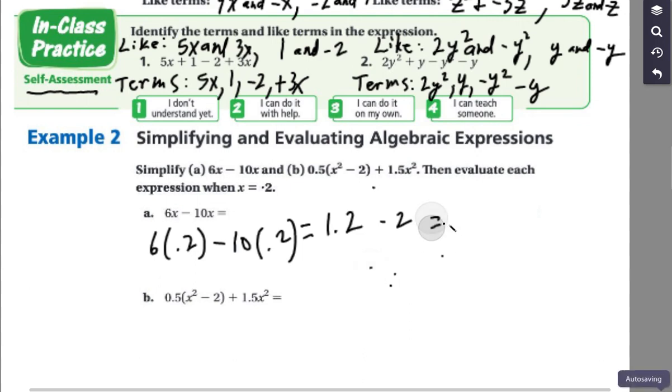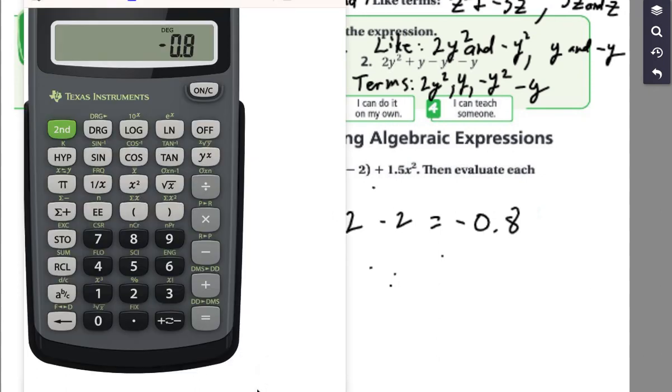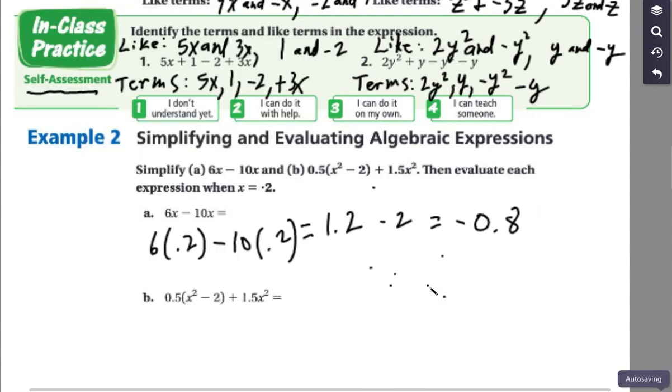That should be negative 0.8 whenever you do that. Negative 0.8. Okay?